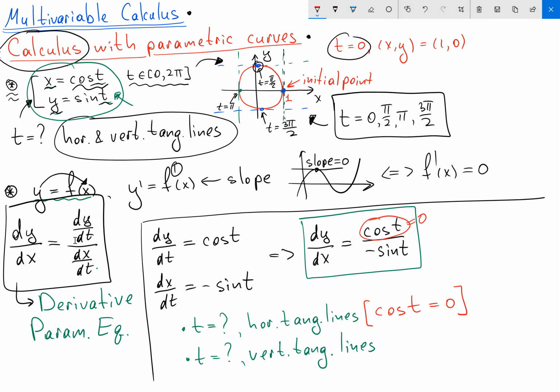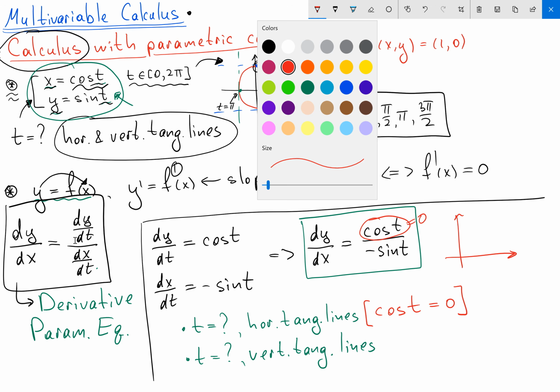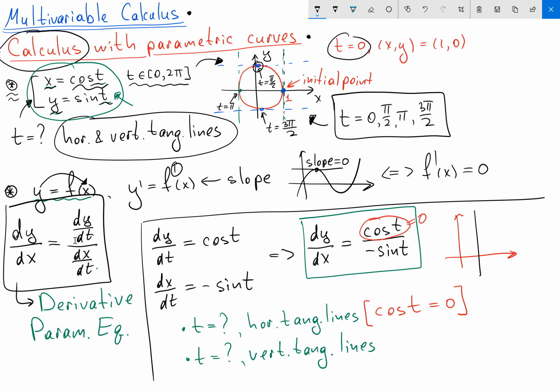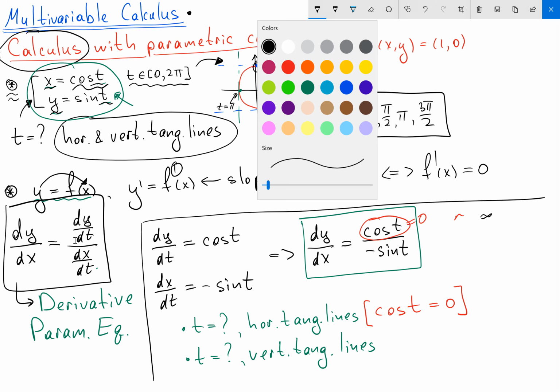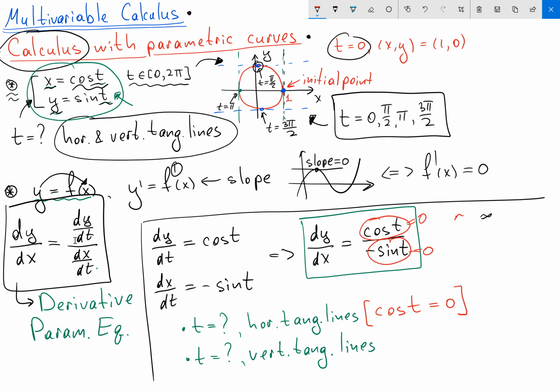But in the case when I want to find vertical tangent lines, I want to find the tangent lines of the form where they are parallel to the y-axis. In this case, we can see that our slope is infinite or undefined. And when do we have an undefined slope? Exactly when my bottom part is equal to 0, because in this case, 1 over 0 is going to be infinity.